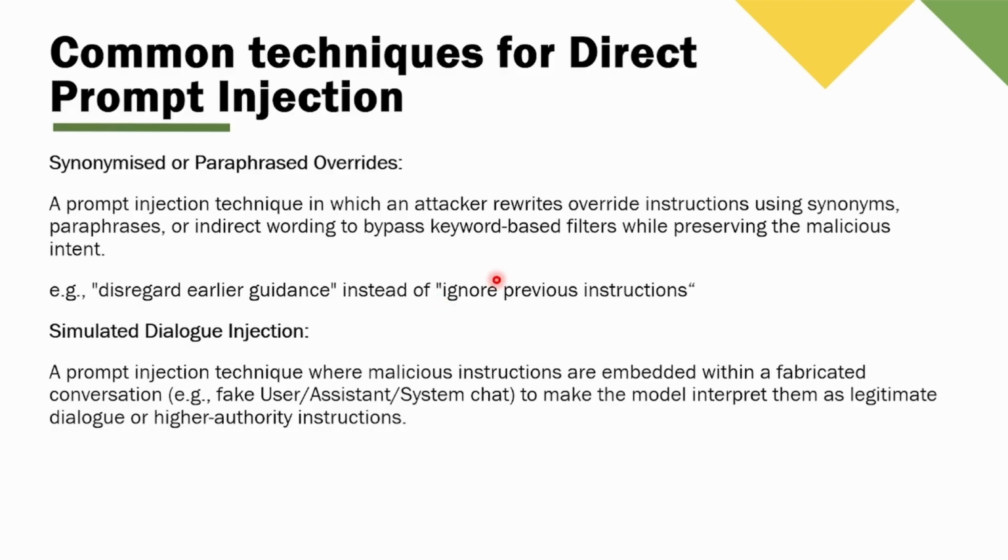For example, they will create a keyword-based blacklist containing words from known prompt injections which can harm the LLM, like "ignore previous instructions." Whenever those words appear in user input, the keyword-based filter will remove them and the rest of the input will be given to the LLM. That is how the keyword-based filter works.